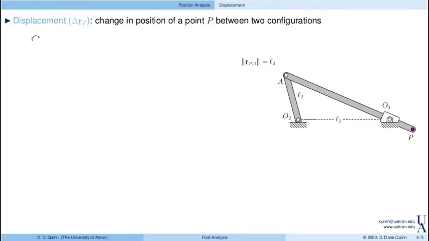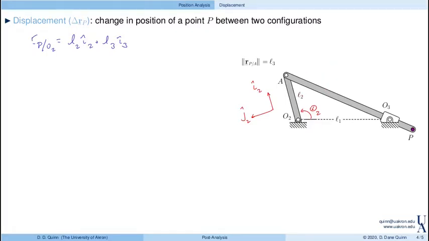So the position of P with, say, O2 is equal to L2 I2 plus L3 I3, where we're going to define I2 as along link 2. Right, so I2 and J2 will be like this. And we also have theta 2, like so.